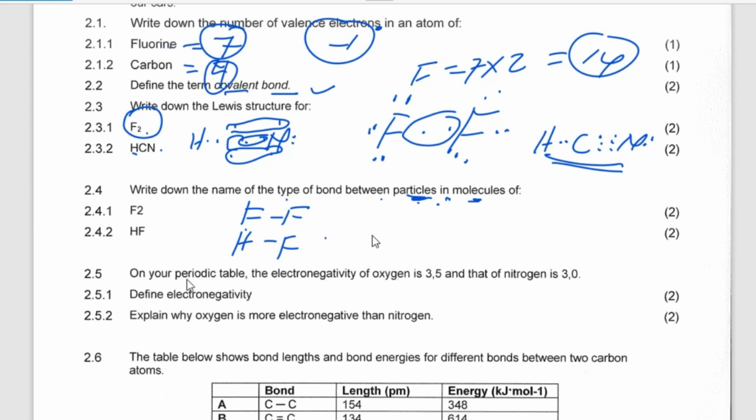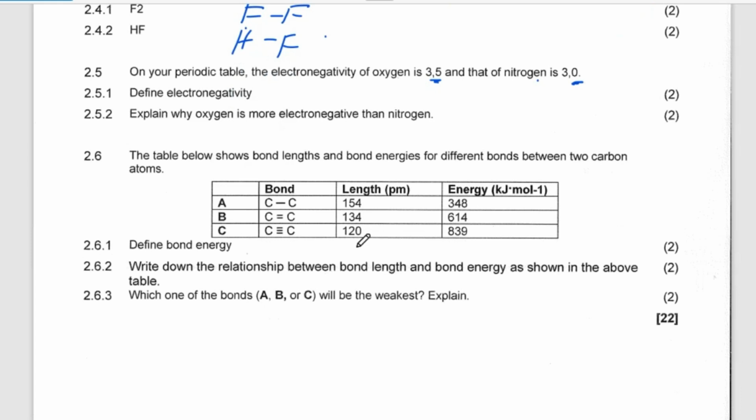So they are saying that on the periodic table, the electronegativity of this for oxygen and this for nitrogen. Define electronegativity. Here we have different definitions, but basically electronegativity is the ability of the atom to pull the bonding pair of electrons toward itself. I gave you an example of hydrogen chloride yesterday, and I said that it's not shared equally.